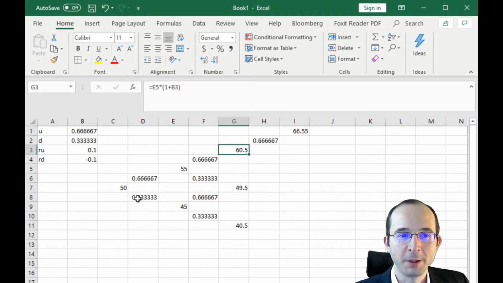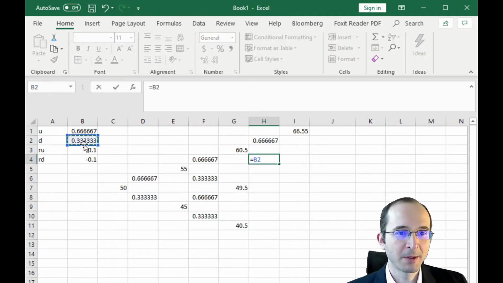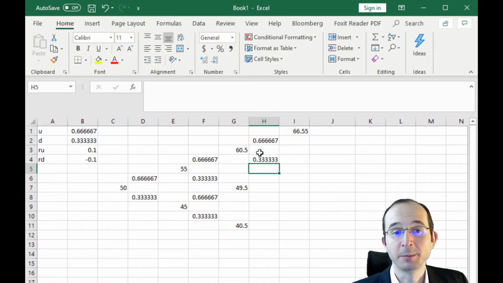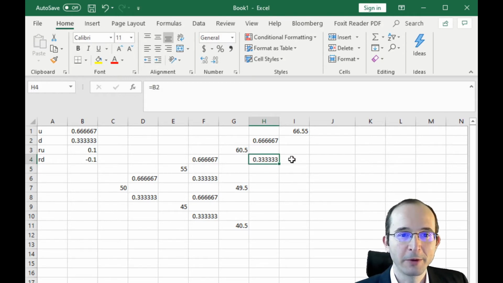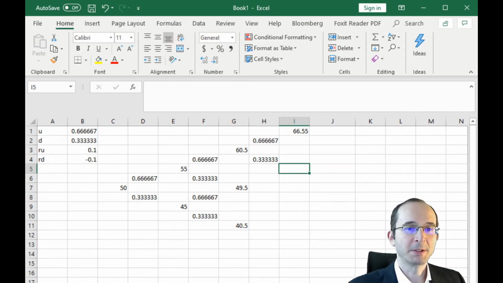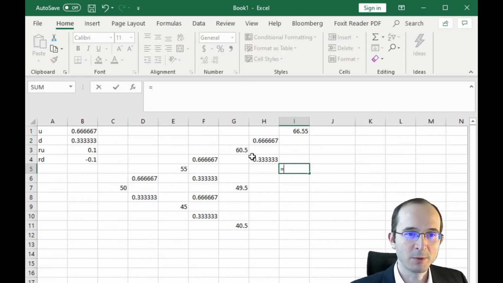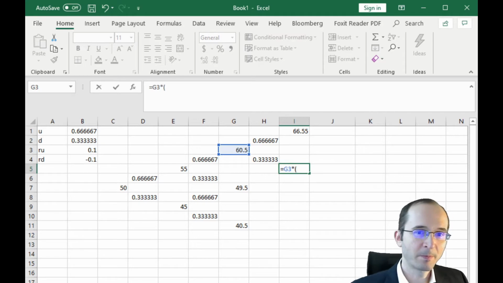Now, what if you had gone up twice and instead you now go down? What's the probability of that? Well, we're just adding another single period tree, so conditional on having gone up twice, now your chance of going down is just 1/3. And where do you end up in terms of payoffs then? Well, you've started at 60.5.